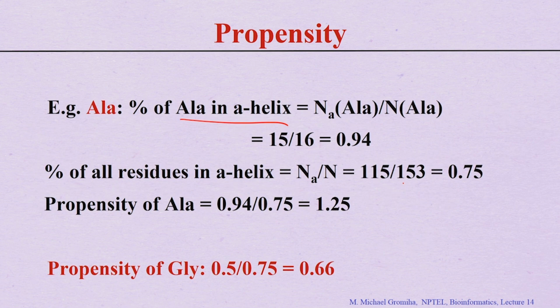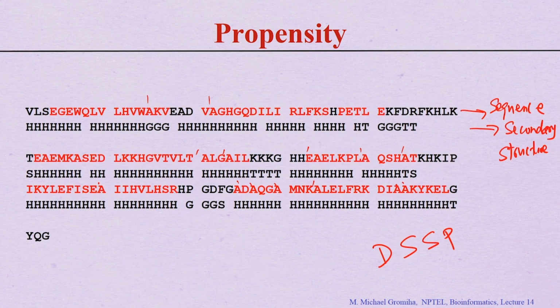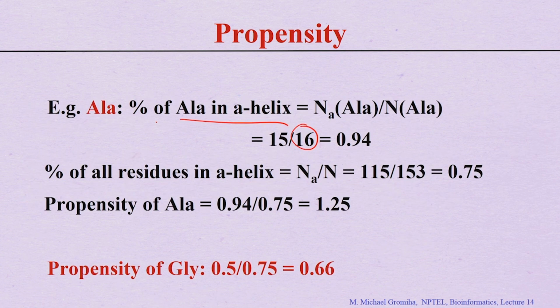There are 16 alanines. Out of 16, how many are in alpha helix? If you see the red ones, they are 15 here, right. This one is not alpha helix, the others are alpha helix. So there are 15 in alpha helix, and you get 0.94.